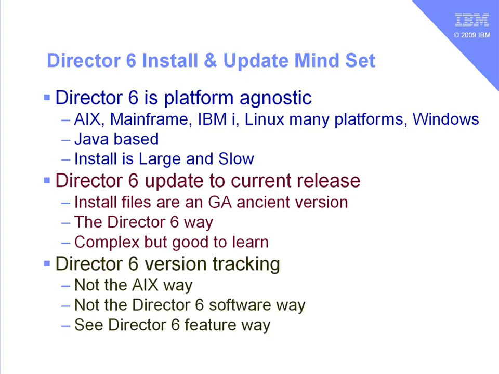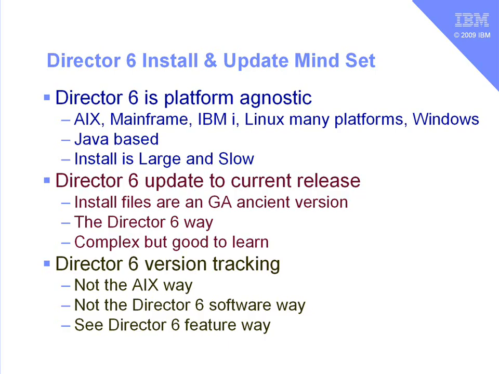Now Director6 actually tracks its own versioning of its own software. And it's not the AIX way of doing things. In AIX, I tend to use the lslpp command, and I grep for the tool that I actually want to find out what version it's at. That won't work. If you do that, you'll find that you'll always be informed that you're running this GA version back from 2008.